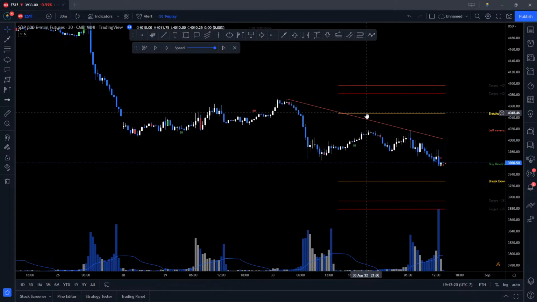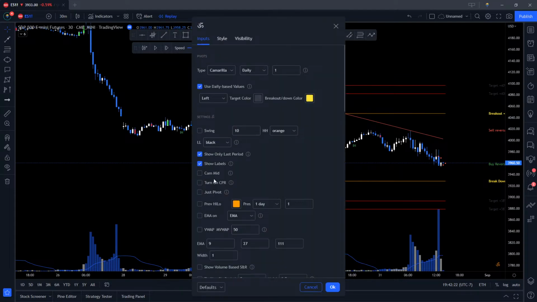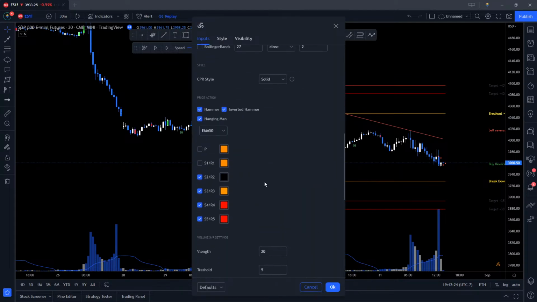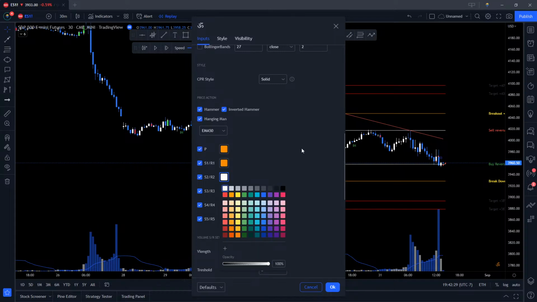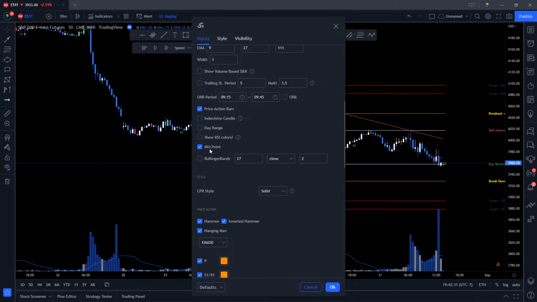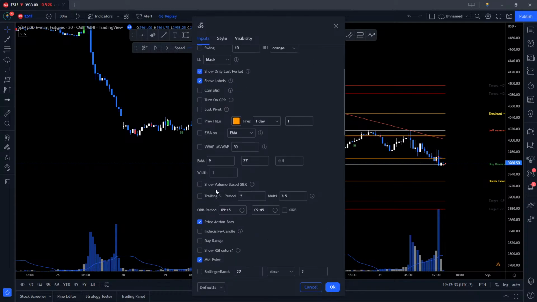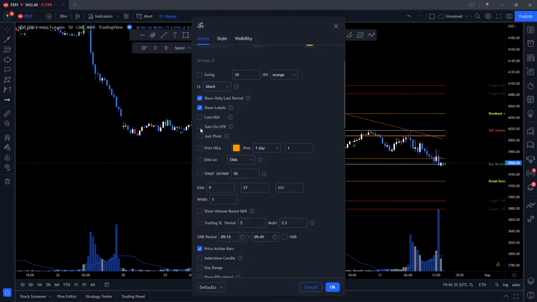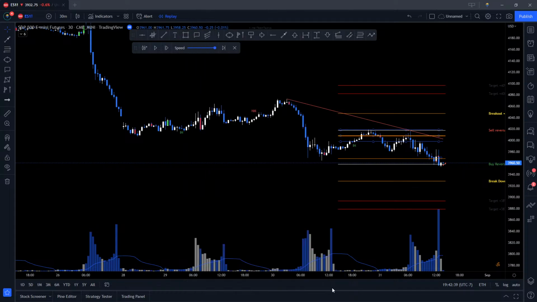Or wait, I think some of the stuff is black and it doesn't show. Yeah, here we go. So you want this on. Black's not going to show up in my chart, obviously. And somewhere in here is something called CPR. Yeah, turn on CPR. Anyway, there's tons of settings, as you can see.